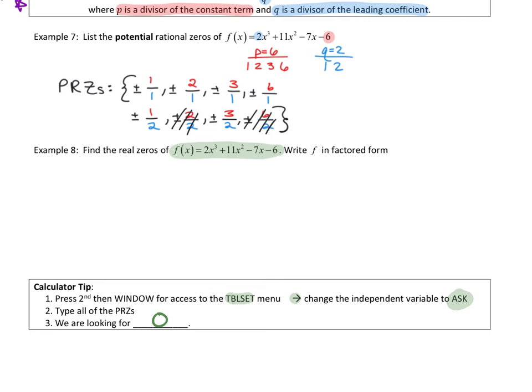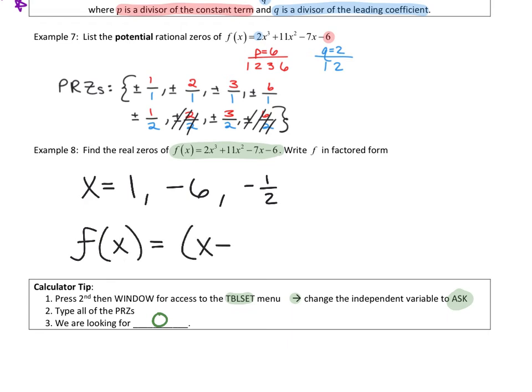So let me show you what I'm talking about. Once we've found all of the zeros that in my calculator are equal to 0, when I type them in on the table, we can then write f in factored form because we know the relation between zeros and their factors. So a 0 being 1 means that the factor is x minus 1.